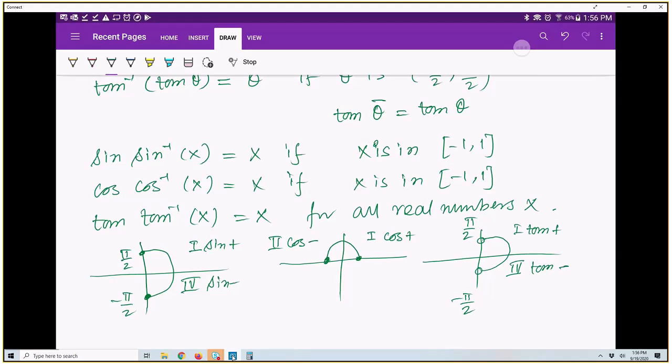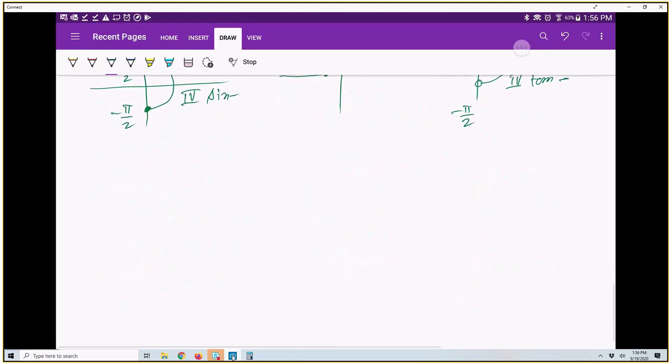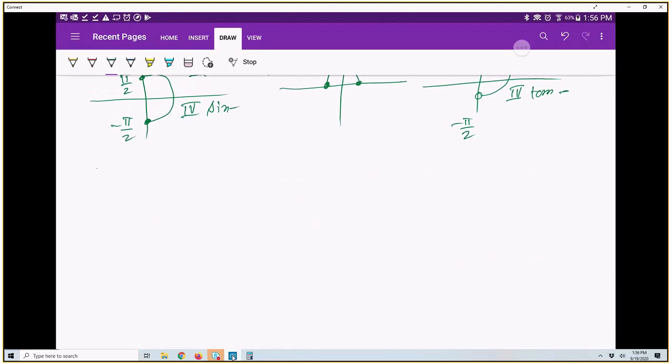And there are some easier ways of understanding this thing. For example, we can say if x is in closed interval 0, 1, then sine inverse x is directly coming from the value table for the special trigonometric angles.